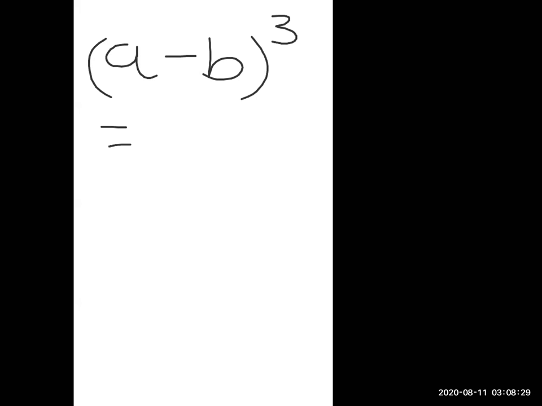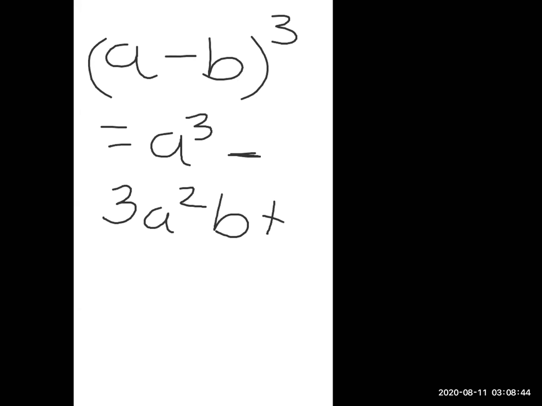Now see here what is the formula: a cube, which we used to write first, but instead of plus you will write minus, 3a square b plus 3ab square minus b cube. I hope you people have understood. Only the sign change, the formula has not changed. See, in the first and last you have to put a minus sign, and all others are same. So here once again I am repeating the formula.